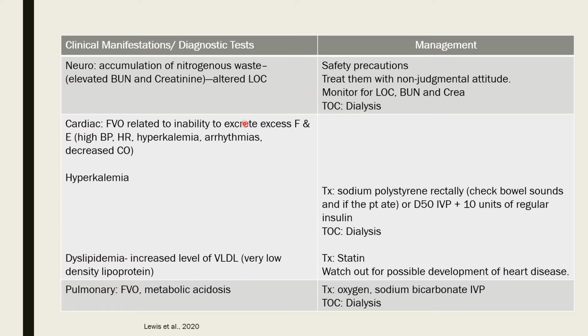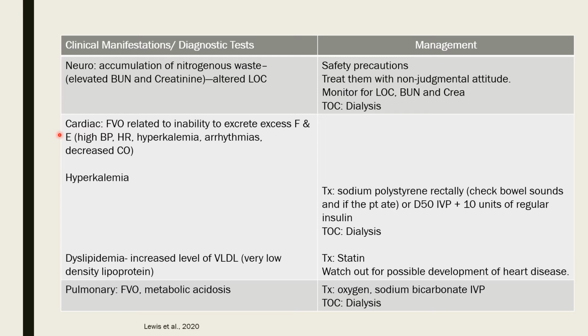For cardiac, remember, they have the tendency to accumulate a lot of fluids. Your main concerns here are high blood pressure, high potassium, and arrhythmias. So your management will focus on treating those. If your patient has high blood pressure, then you give them antihypertensive medication.